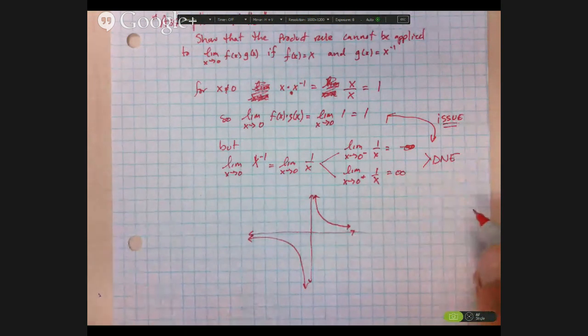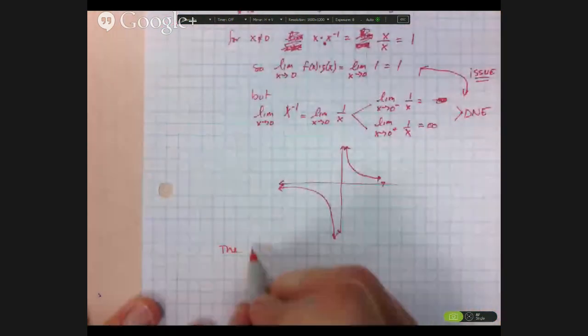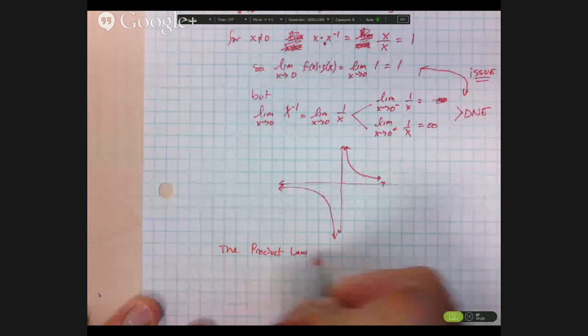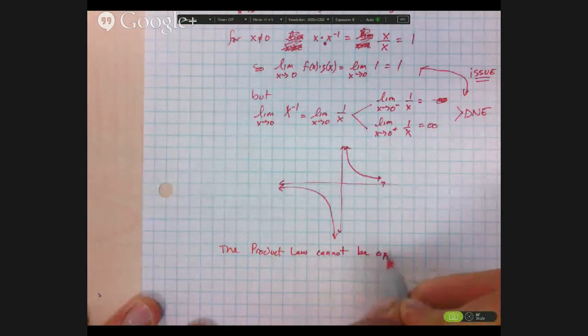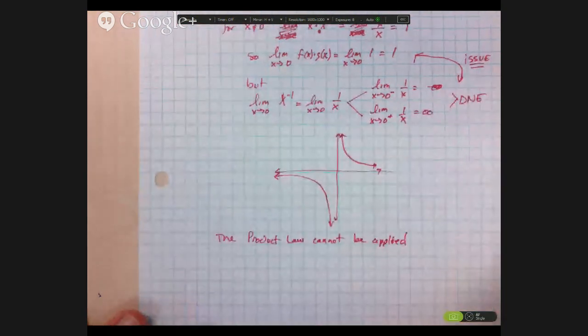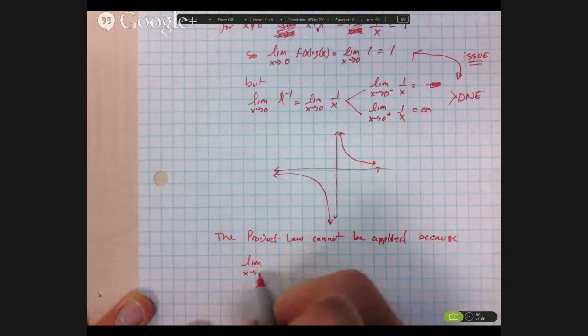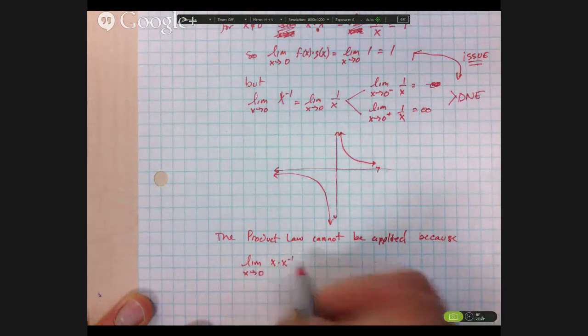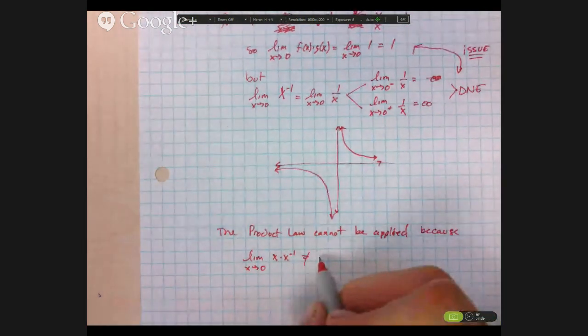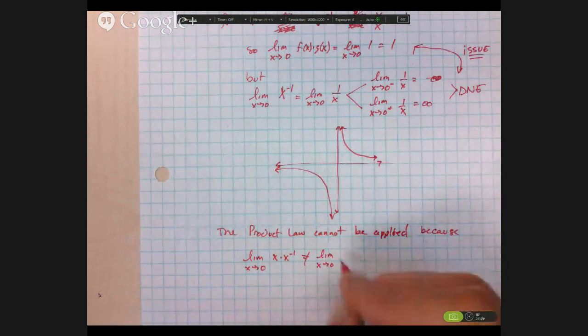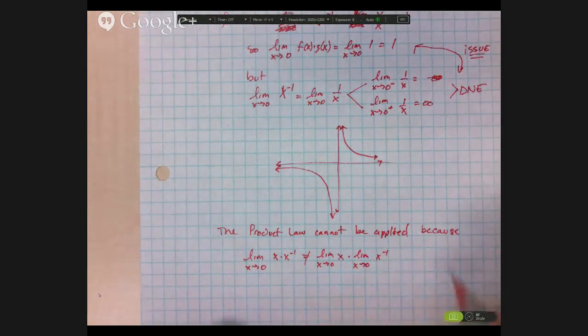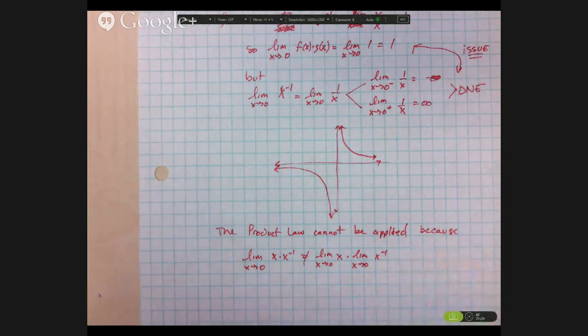So we can show that the product law cannot be applied, because that does not equal that. Be careful, sometimes you can't apply that.